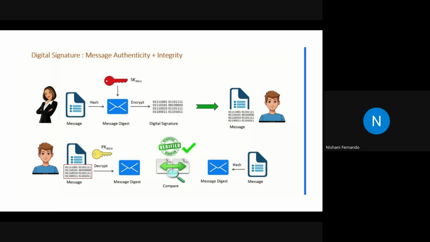Once the document is opened, it automatically gets hashed again, that means coded again. Initially the document was uniquely coded, we call it a hash, and once the receiver opens the document, it is coded again. The system checks whether these codes are the same. If it's the same document, the code must be the same; it cannot change. If there are no changes, the document has not been edited, nothing has been tampered with, so it is an original document.